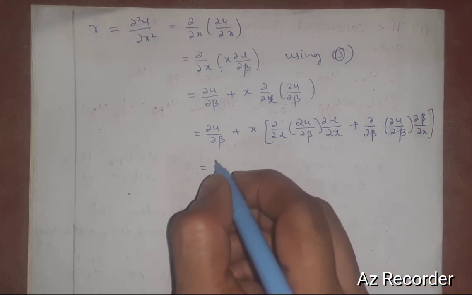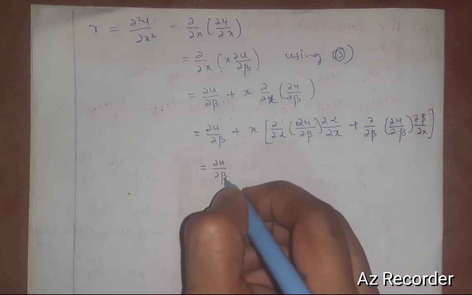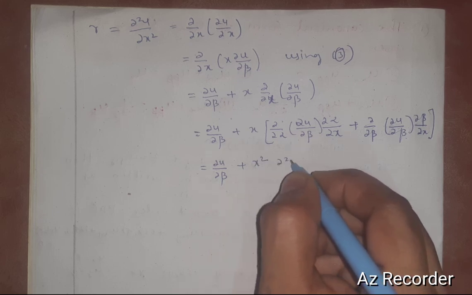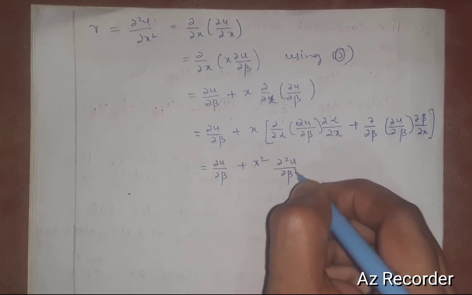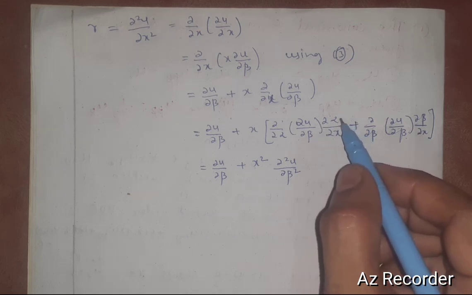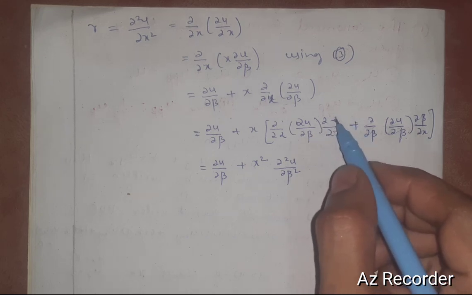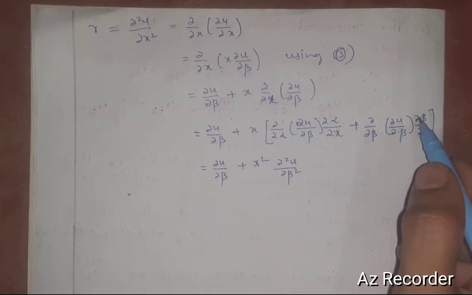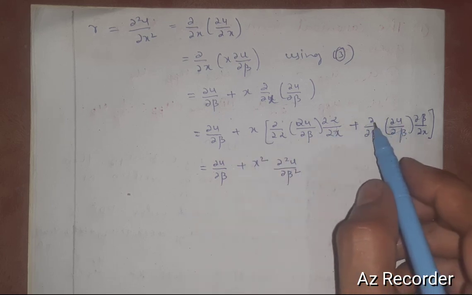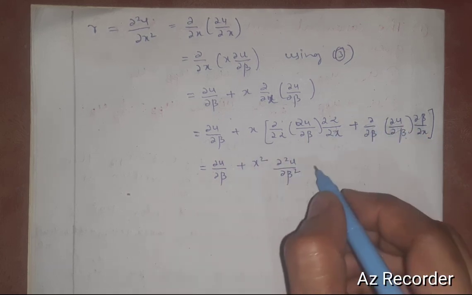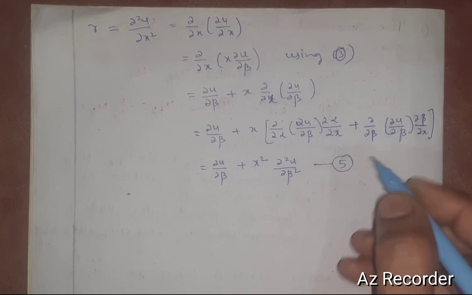This you will get ∂u/∂β plus x² into ∂²u/∂β². Here ∂α/∂x is 0 because α equals y, so this term vanishes. Remaining, here ∂β/∂x is x, so x into x, remaining ∂²u/∂β². So I will call this equation number 5.